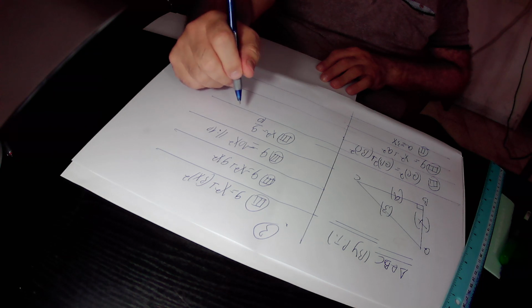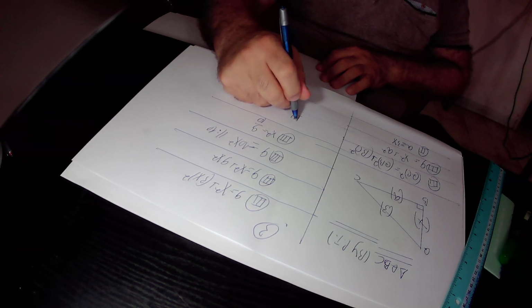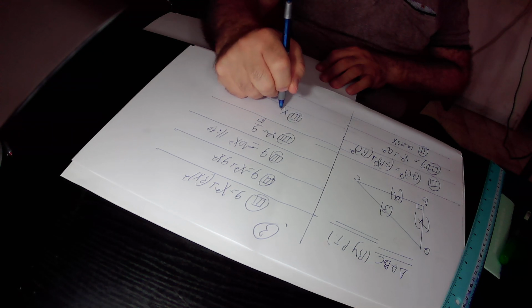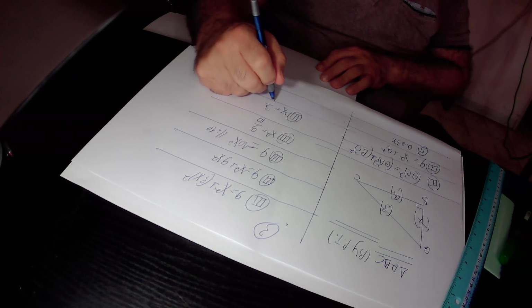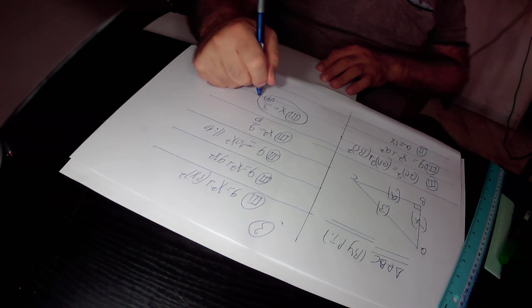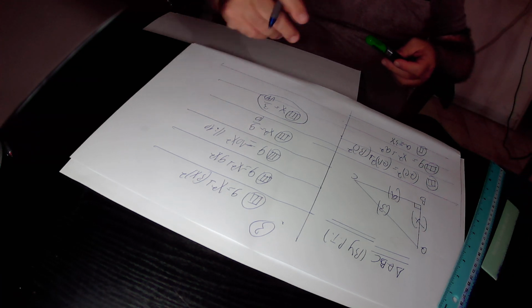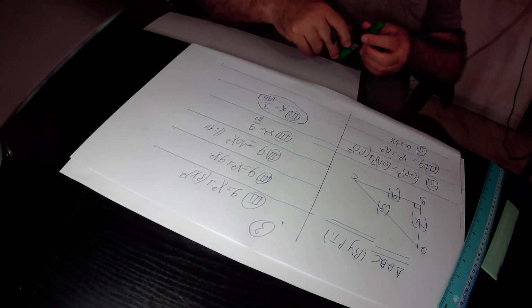So here we take the square root of this equation, and we find out that x equals the square root of 9, which is 3, over the square root of 10. So in total we found out that x equals 3 over the square root of 10 units in its length.